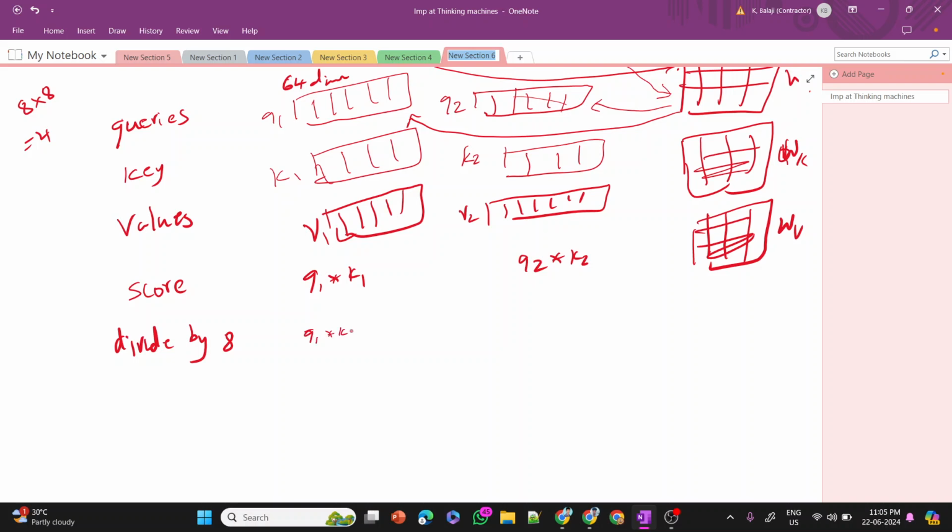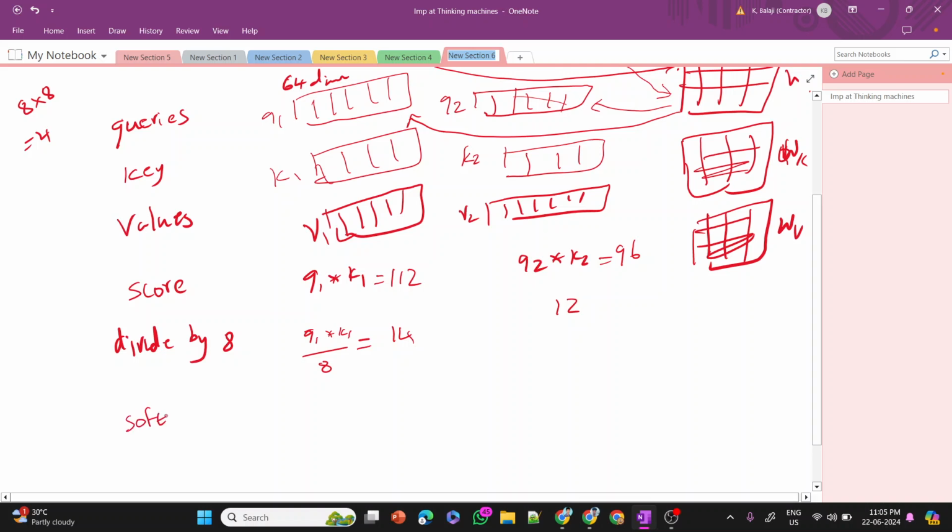That means q1 into k1 divided by 8. For example, q1 and k1 give 112, and q2 and k2 give 96, and after dividing we will get 14 and 12. After that a softmax function will be applied.